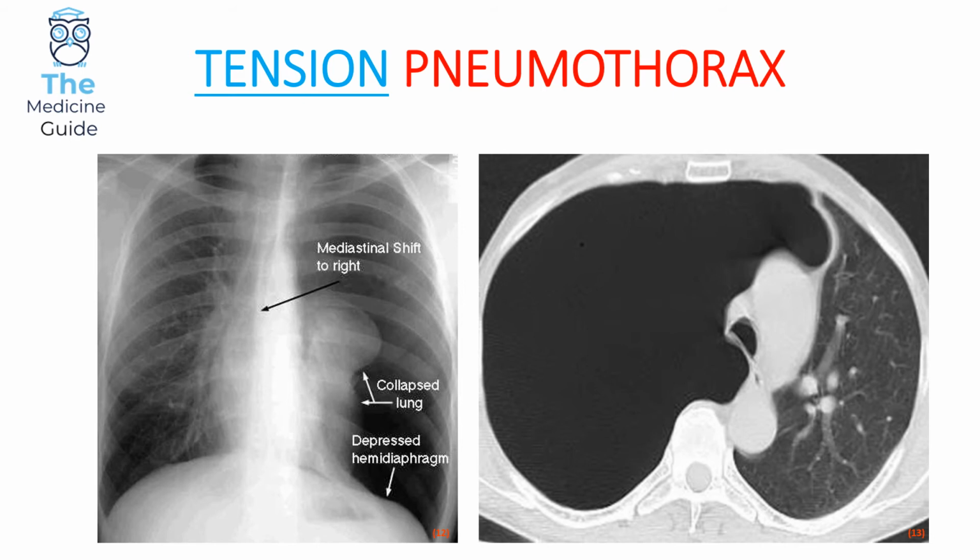Now if we have a look at the CT scan, the CT scan shows evidence of a right-sided tension pneumothorax. So again, the right side of the chest appears very black, there's lots of air there, and we can see that the mediastinum has been pushed contralaterally to the left side of the chest. So you can see that the heart and you can see the aorta has been pushed over towards the left side of the chest.